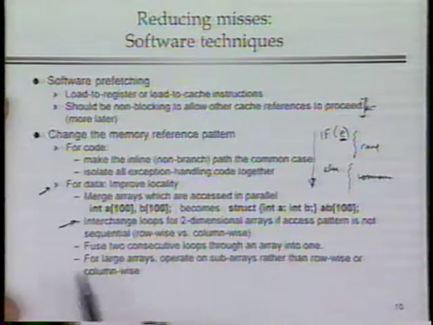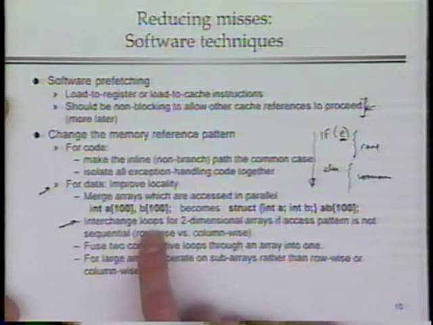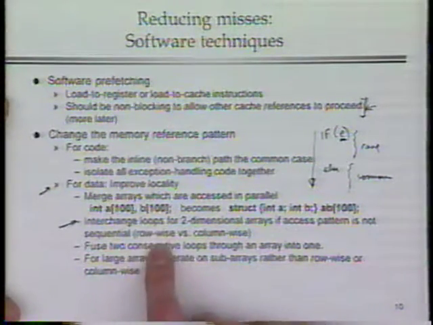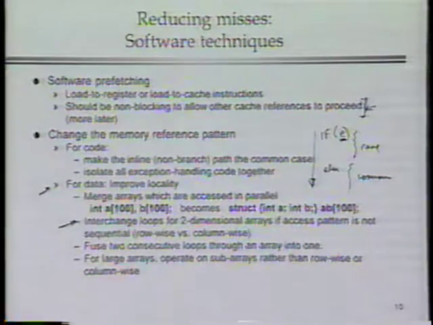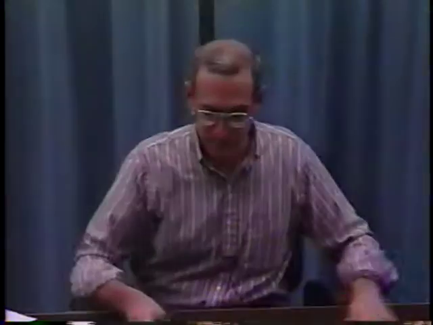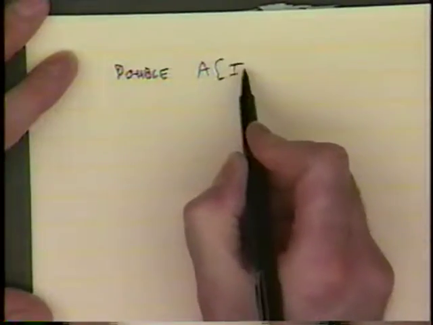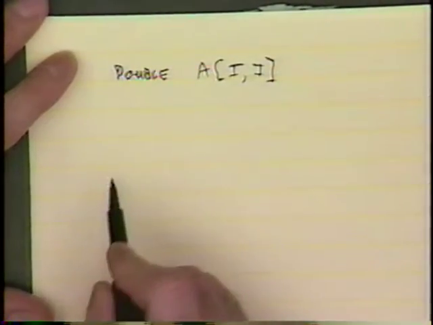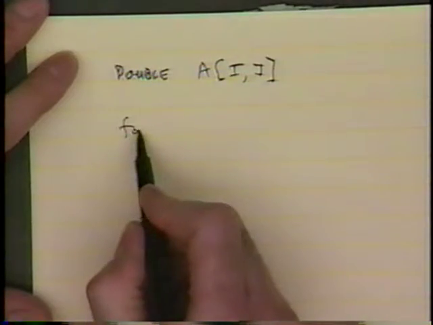Another simple thing to do is to be careful of the order in which you access multidimensional arrays. If you have a floating point array, for example, which is A sub i j, and you do a for loop.